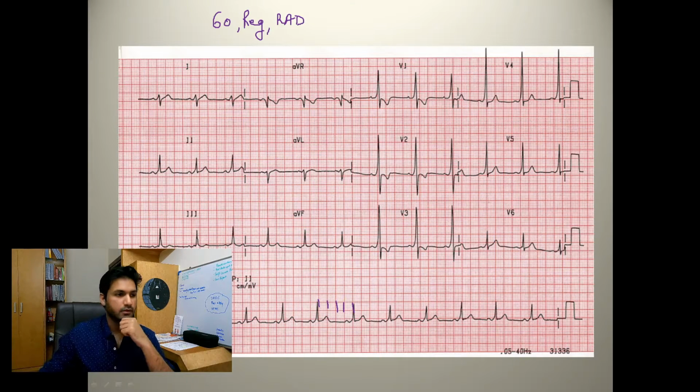So the rate is approximately 60 per minute, and it's regular, and it shows right axis deviation. Now, when you have successfully found out that it's right axis deviation, what are the causes of right axis deviation? There are multiple causes. One is right ventricular hypertrophy, another is hemiblocks, lung diseases, pulmonary hypertension, and so forth.